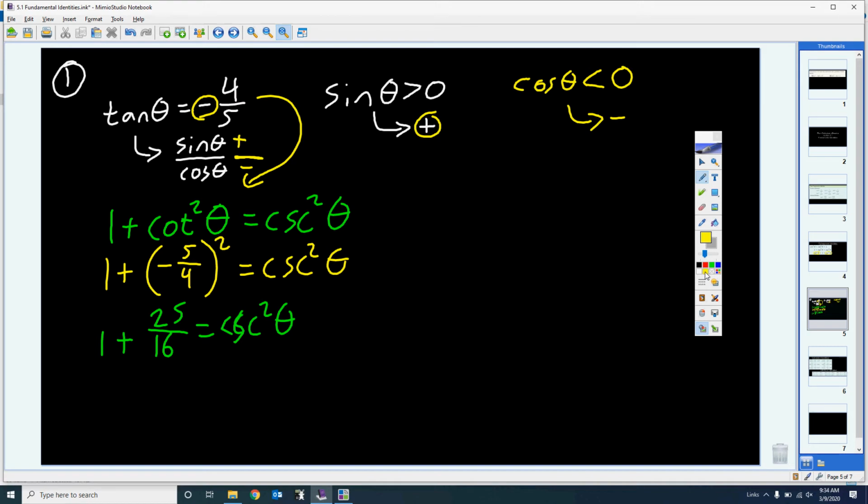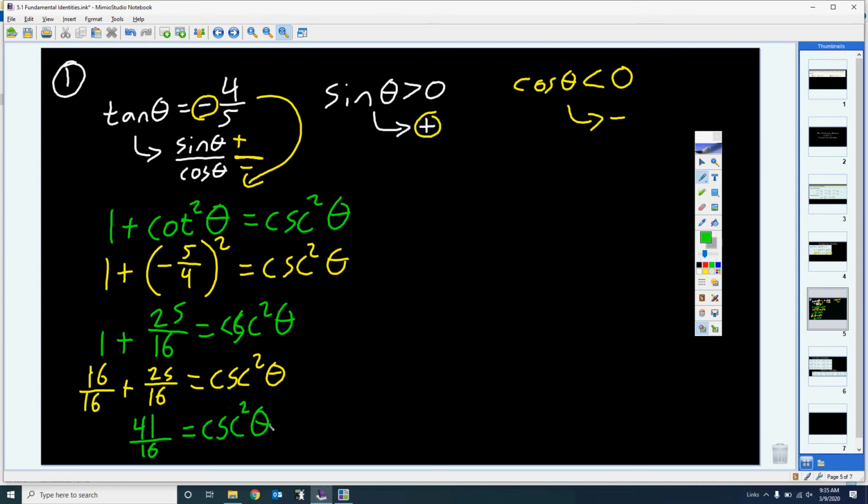I need to change my 1 to 16/16 so I can combine my fractions. If I combine those together, I end up with 41/16 equals cosecant squared theta.